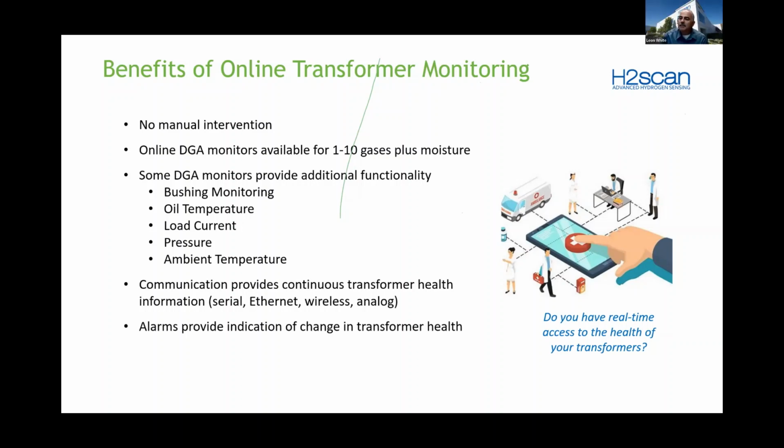So now we talk about the benefits of online transformer monitoring. So why might you want to monitor your transformer online? The very first thing is when you're taking manual oil samples, there's manual intervention in taking the sample. There's manual processes to transport the sample from the substation to the lab.